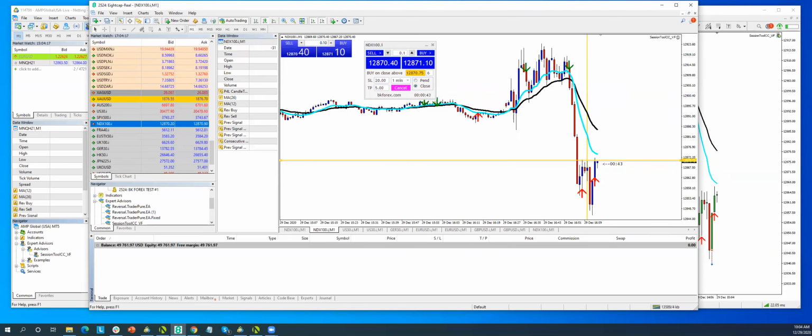But just for curiosity's sake, let's take a look at whether this runs through right now. It should trigger now.